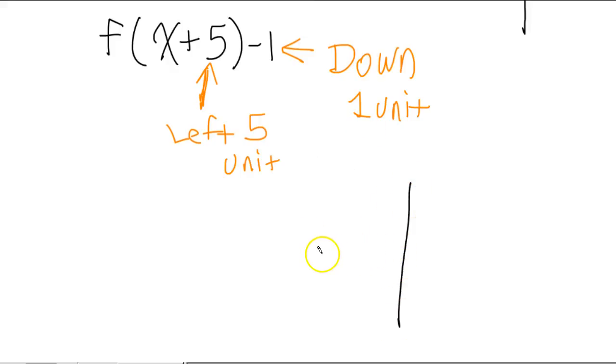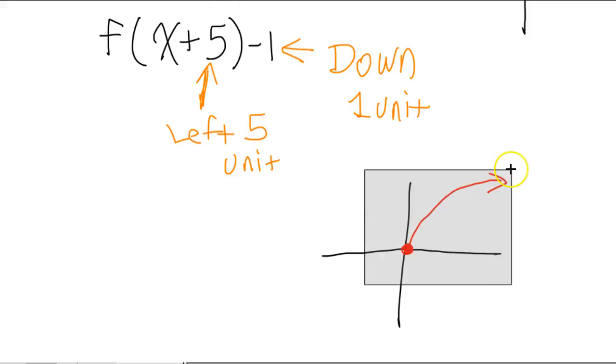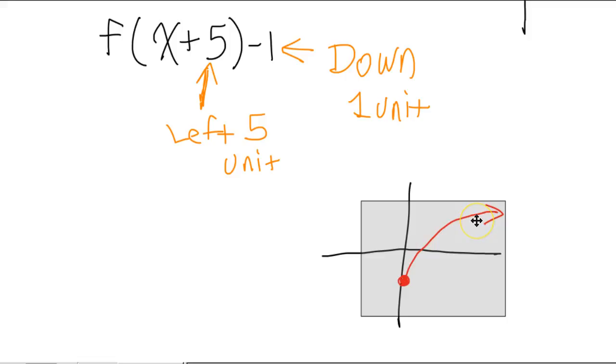So if I start with the parent in red, the child is going to take this red graph and move it down 1 and left 5.